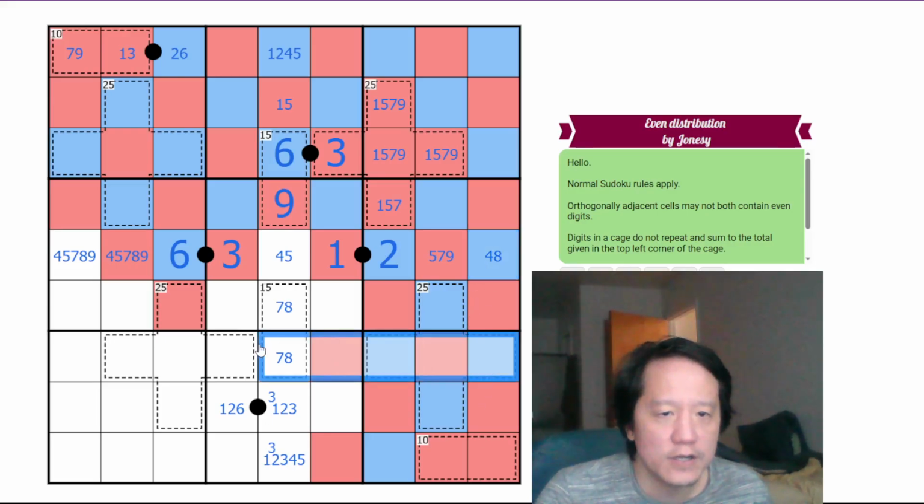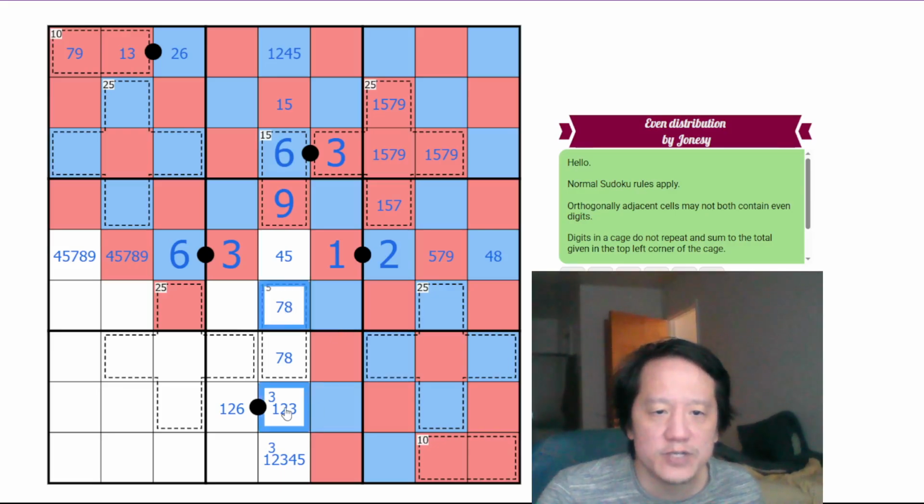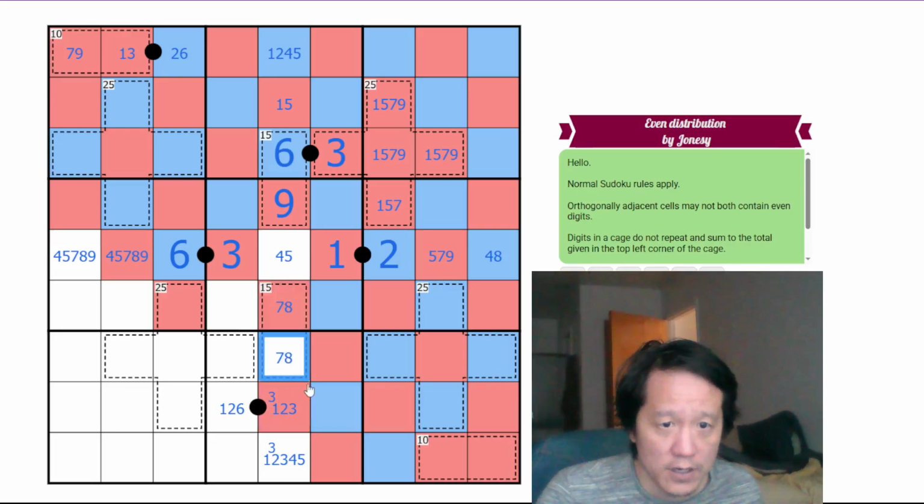It's 4 and 8. We have 1, 2, 3, 4, 5 odds in column 6, so the rest are even. That means these must be odd here. Odd here. To add up to 15 again, you'd have to have an even there. That leaves this as odd.